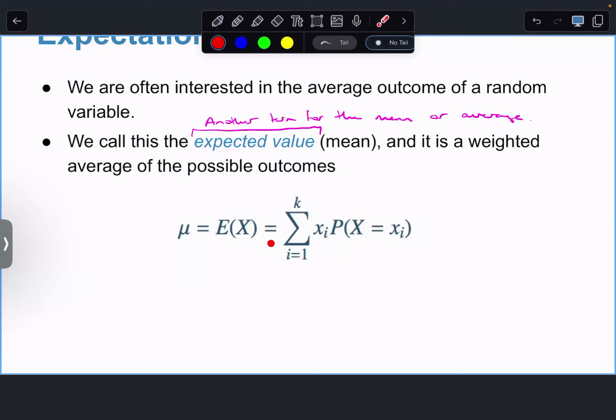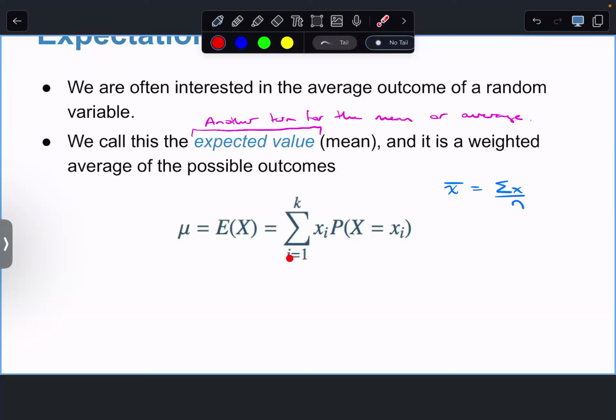This looks different. What did we have before? Before we said that x bar is the sum of our x's over n. There's some similarities here.